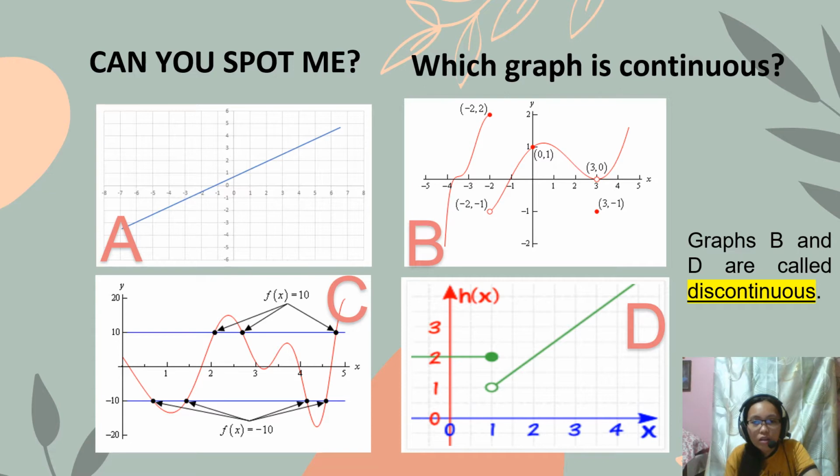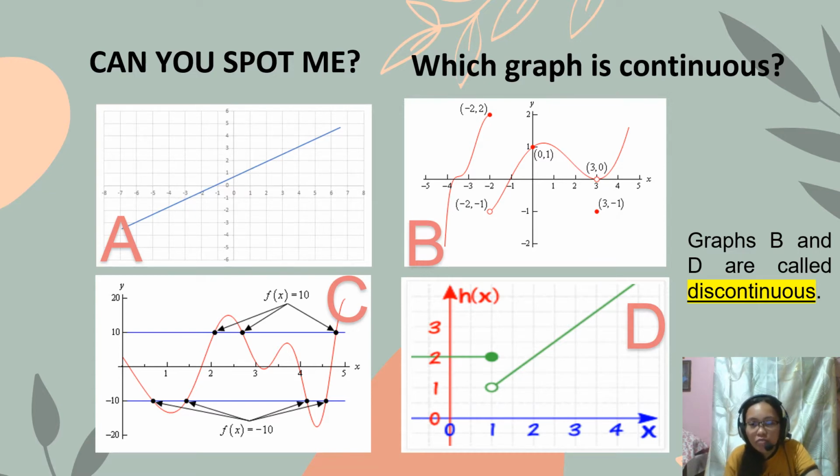Obviously, for graph B, there are certain points for x which make the graph discontinuous, right? Meaning there are breaks at some point. When you try to trace it, you cannot trace it smoothly because there are breaks in between them. There might be jumps, there might be breaks.